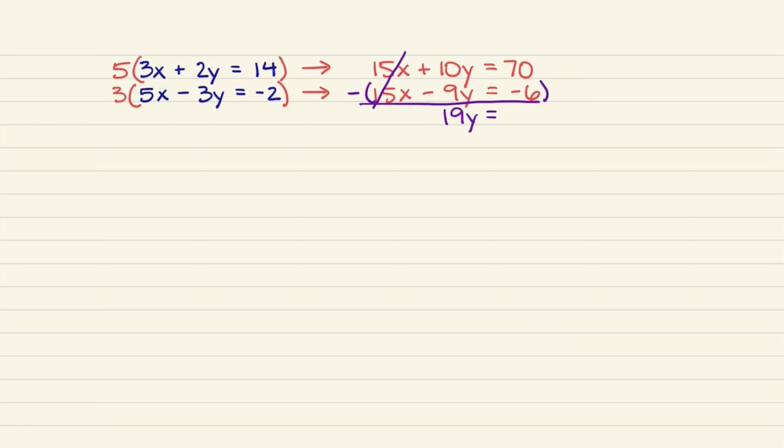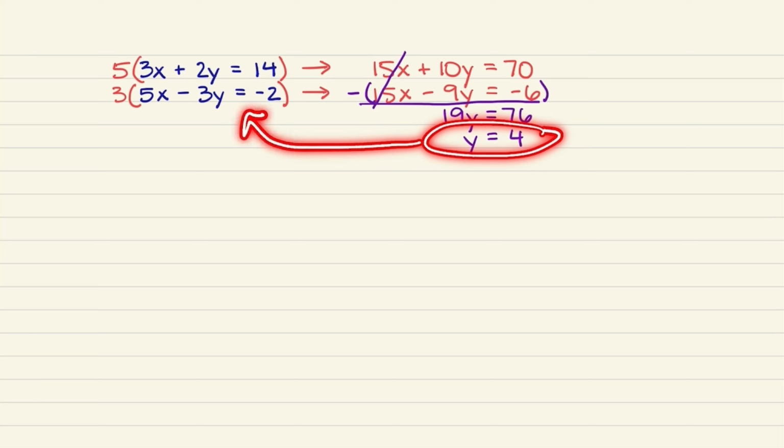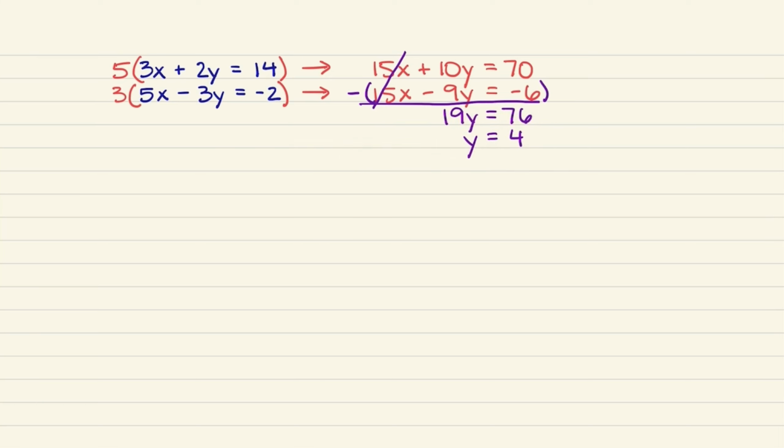And then 70 minus negative 6 is 70 plus 6. So we get 76. Divide both sides by 19 and we get 4. Now I plug my y value into one of these equations. I'm going to pick the top equation this time.